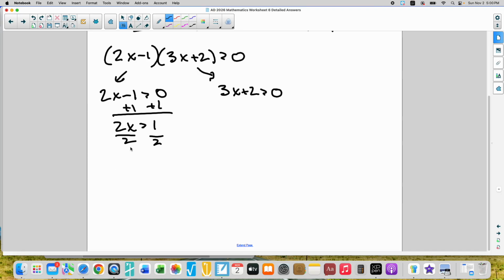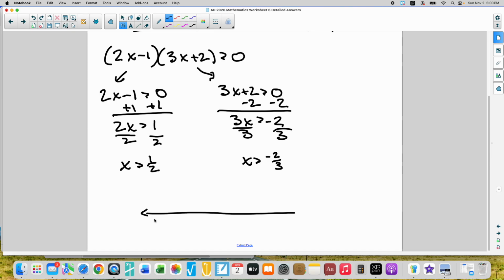It's greater, so it might be an or statement. 3x is greater than negative 2, so x is greater than negative 2/3. Okay. Or, I think, right? I don't know. Where is an and?